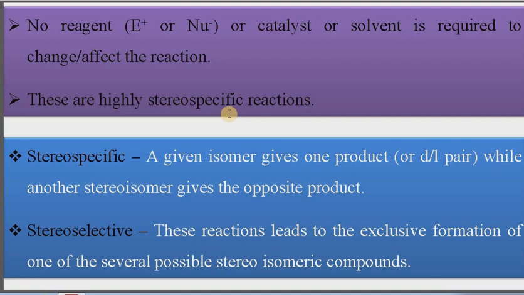Stereoselective means only one stereoisomer is exclusively formed out of the several possible stereoisomeric compounds. Suppose more than one type of stereoisomeric compound may form during a particular reaction. Then if only one is formed in excess amount, this type of reaction is stereoselective.